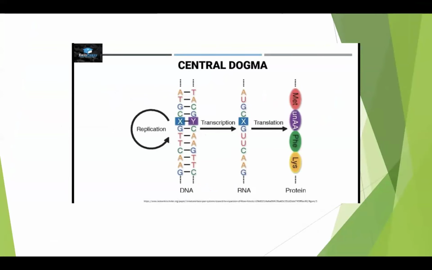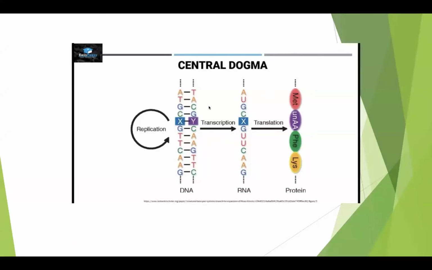So in molecular biology, we have what we call the central dogma of molecular biology. It's basically how genetic information flows from one direction to another. That's from DNA to RNA to protein sequencing. It has three main steps: replication, transcription, as well as translation.